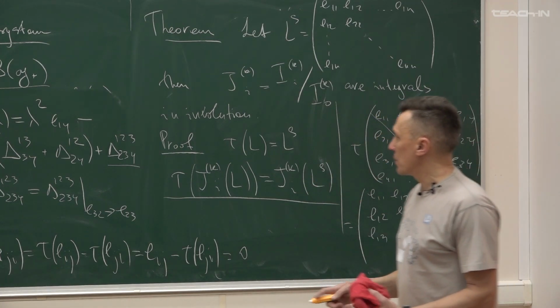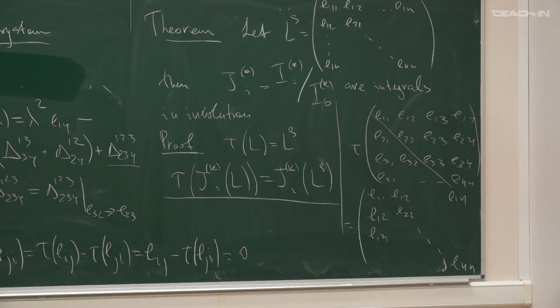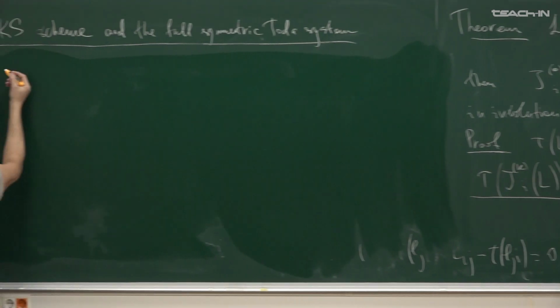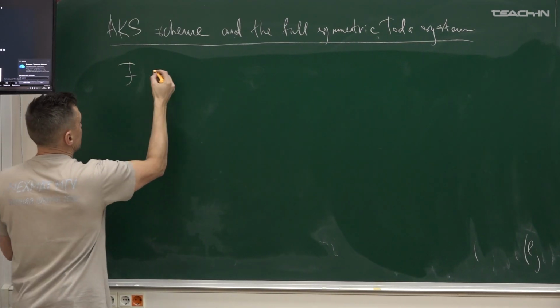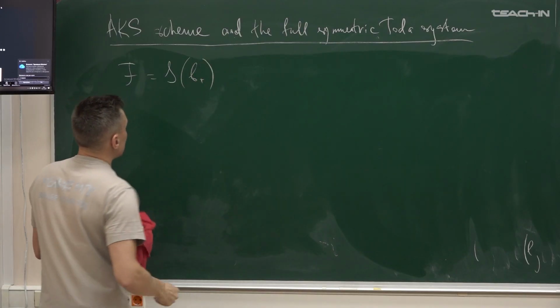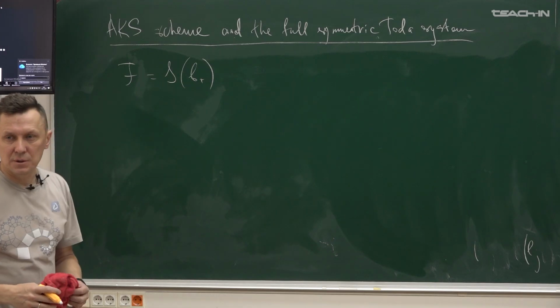And now I'd like to comment how we obtain the open Toda system as a reduction or restriction on the full symmetric Toda system. Okay. So our algebra is the symmetric algebra of B+. So we work in this Poisson algebra.